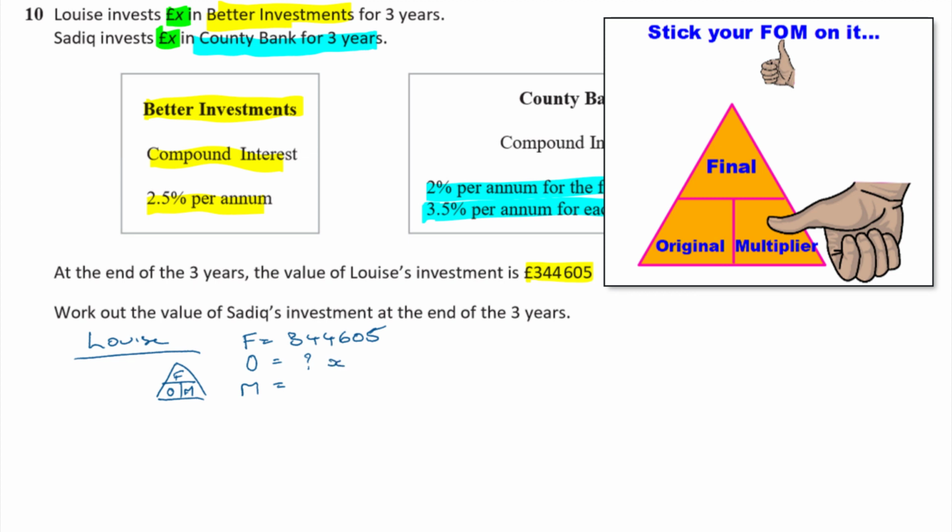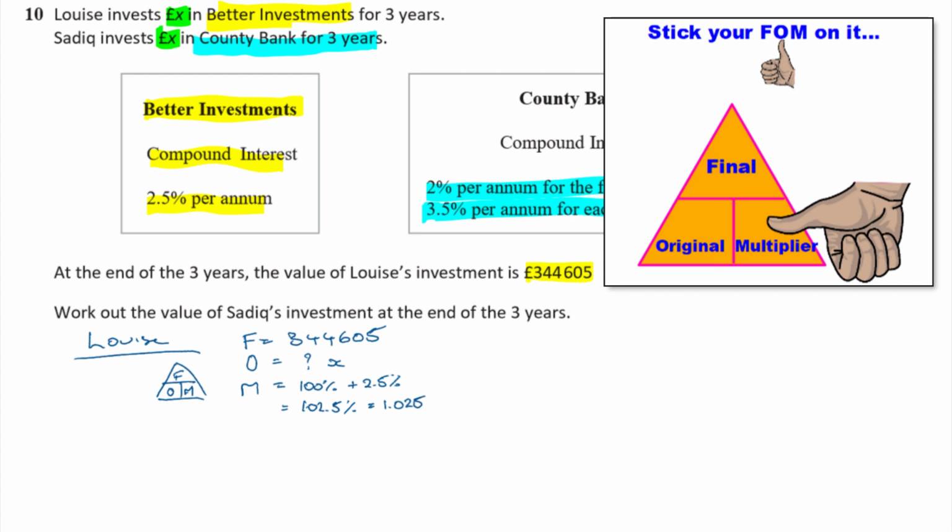Now the multiplier, you can see that the multiplier is 2.5% per annum for Better Investments. So when you're doing a percentage increase, you always start with 100% and then you add on the percentage that you're adding on, which is 2.5 in this case. That gives us 102.5%, which as a multiplier is 1.025.